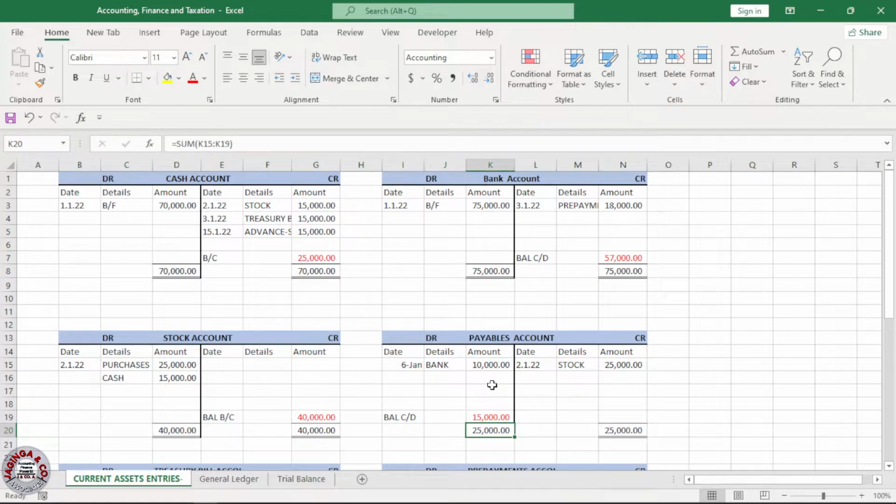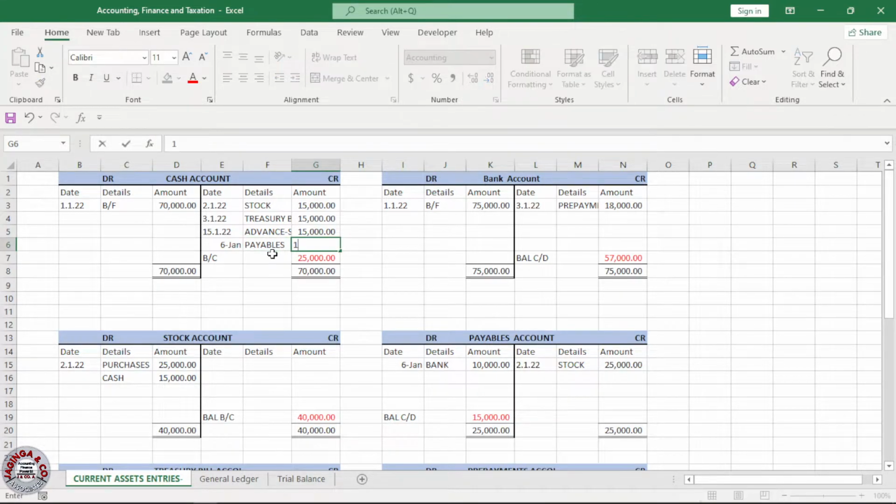So the value of the liability has been reduced by debiting the account, and then the asset, the cash account, has been reduced by paying payables 10,000. So here is 6th of Jan. I'm just trying to give an example. So here we have payables.